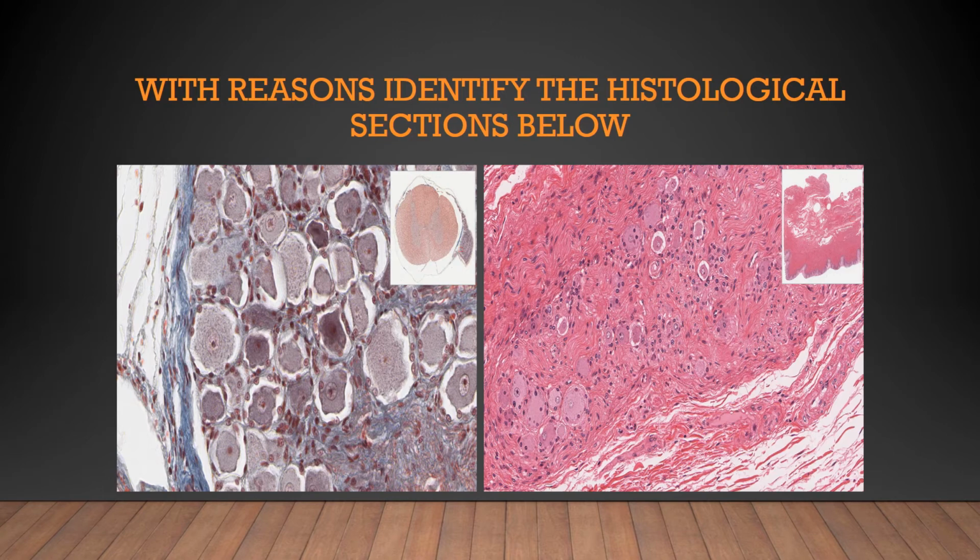In case you're asked on the differences between a sensory and a motor ganglion, sensory ganglion has pseudounipolar neurons arranged in groups. It also has well-defined satellite cells, and the nuclei is centrally placed. While motor ganglia will have multipolar neurons which are scattered, poorly defined satellite cells, and eccentrically placed nuclei.